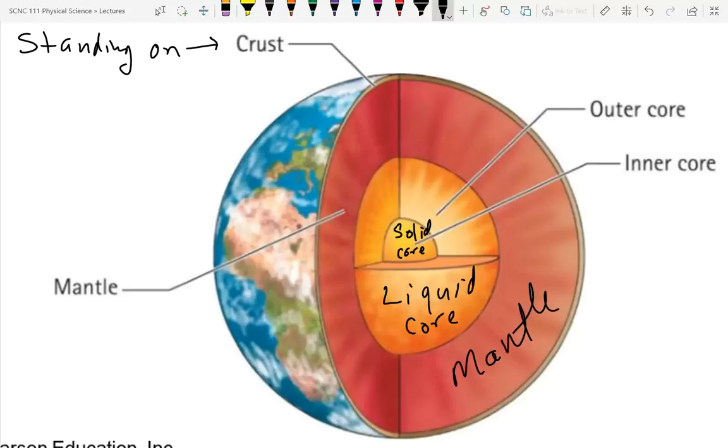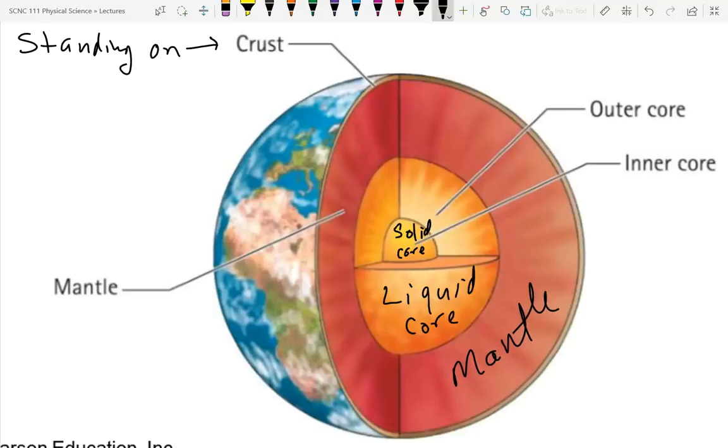Reason number one, the Earth behaves like a magnet. Why does it behave like a magnet? From all of the studying and all of the computer modeling, right, we can't go down there, so we have to use computer modeling. The Earth behaves like a magnet because that liquid core is going around and it has the temperature differences, which causes what we call convection.